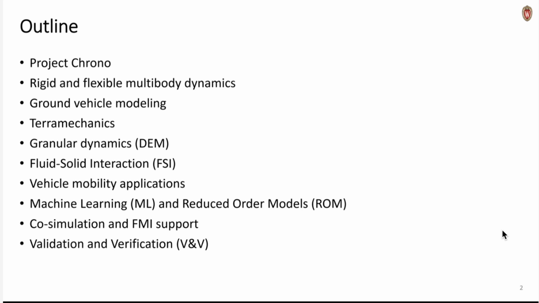I'll tell you a little bit about what Project Chrono is, talk about the capabilities of Chrono, and then we'll use ground vehicle modeling as our prototypical type of problem that we want to solve. Chrono can do a lot more than that and is used in many different applications, but we just use that one to illustrate what you can do with such software.